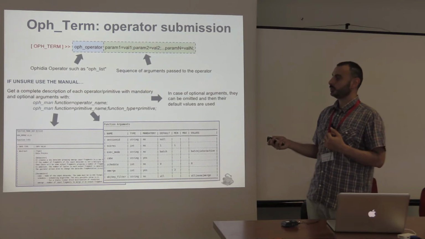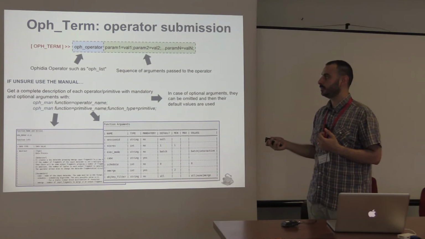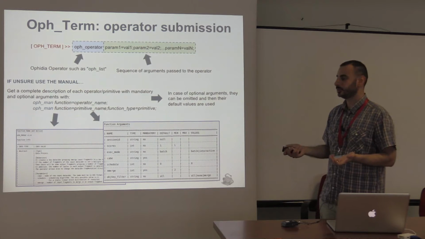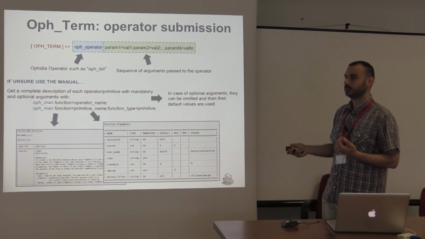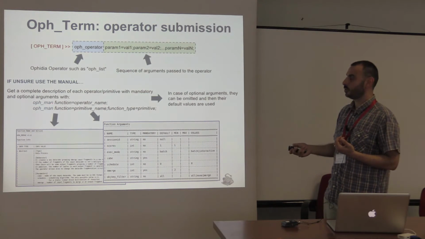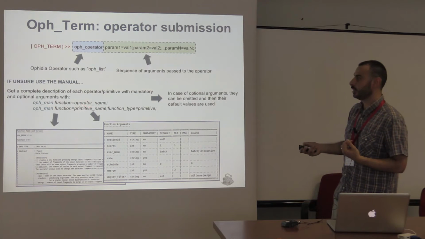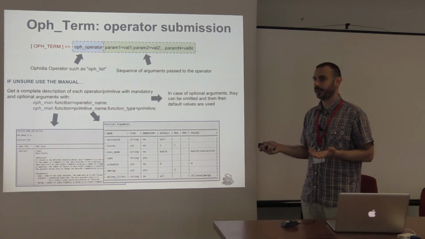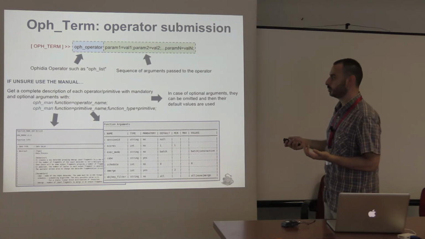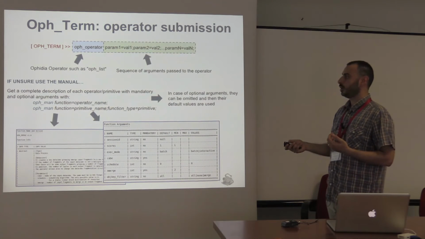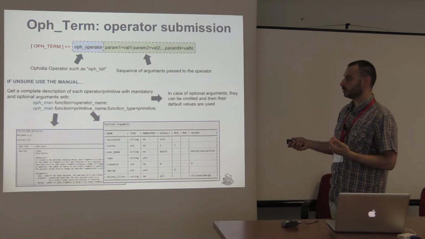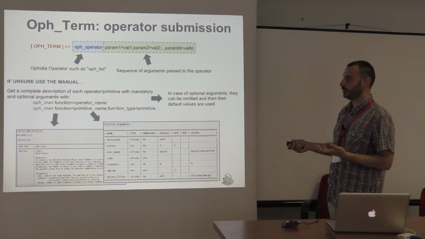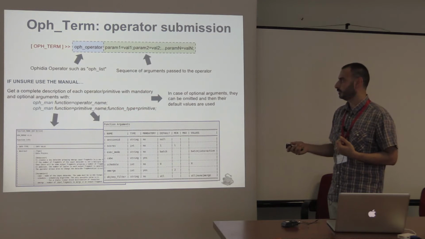If you are unsure, you can use the manual, which is another operator, oph man. You can use oph man function equal to the particular operator name you want to understand. Or if you want to show information about a primitive, you can use the primitive name with function type primitive.